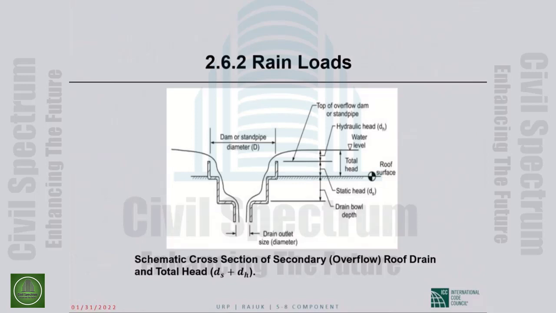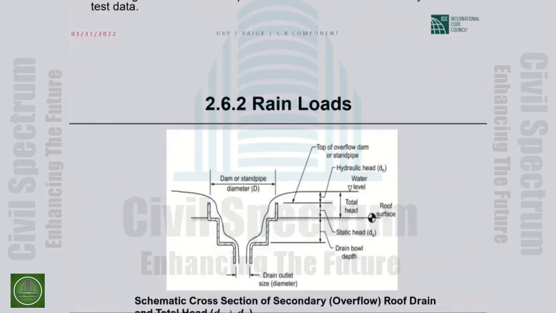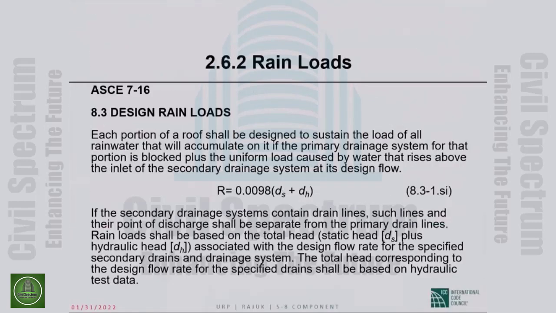Okay. But I did want to throw in that, to my mind, this was a very unclear provision also in ASCE 7-16. For the longest time, I had a lot of trouble figuring out the design rain load until clarity came in ASCE 7-16.